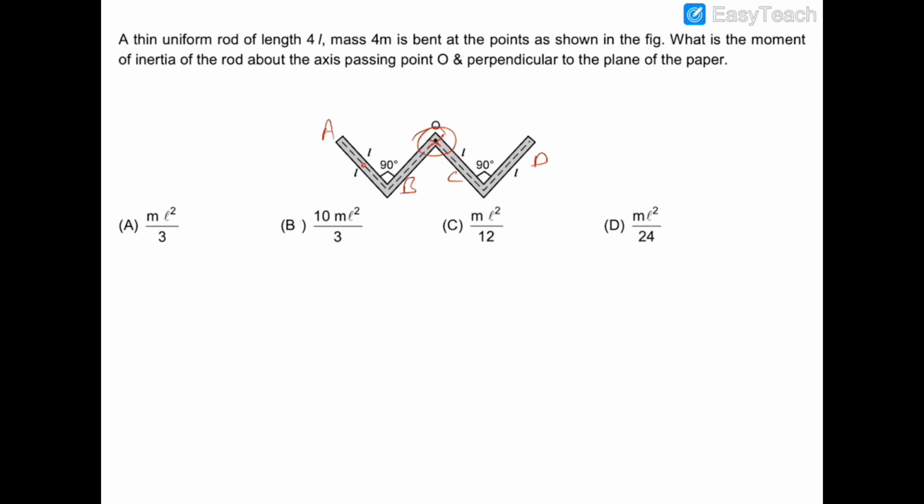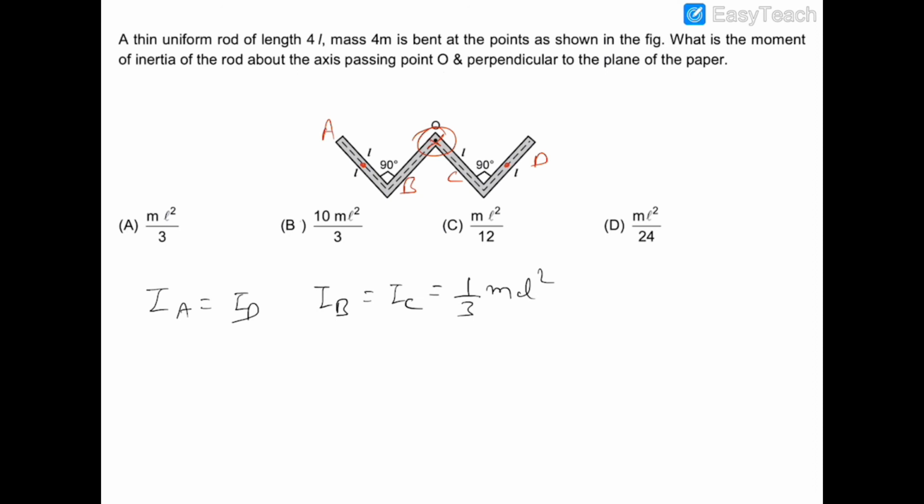So the moment of inertia of rod A and rod D will be equal. So I of A will be equal to I of D, and I of B will be equal to I of C. In fact, the moment of inertia of B and C would be 1 by 3 ml square, because this axis is passing through one end of this rod, therefore its moment of inertia would be ml square by 3.